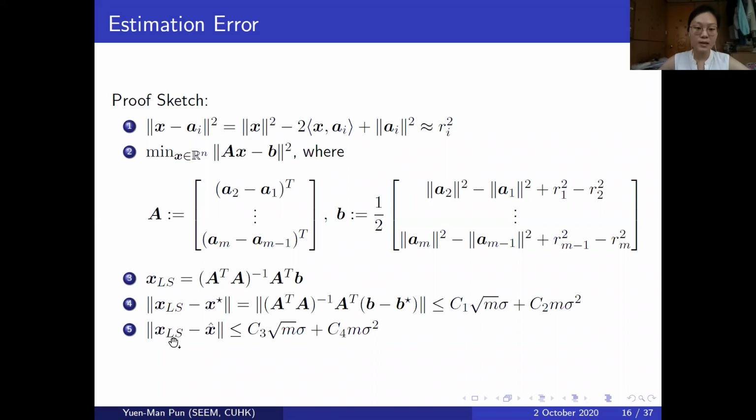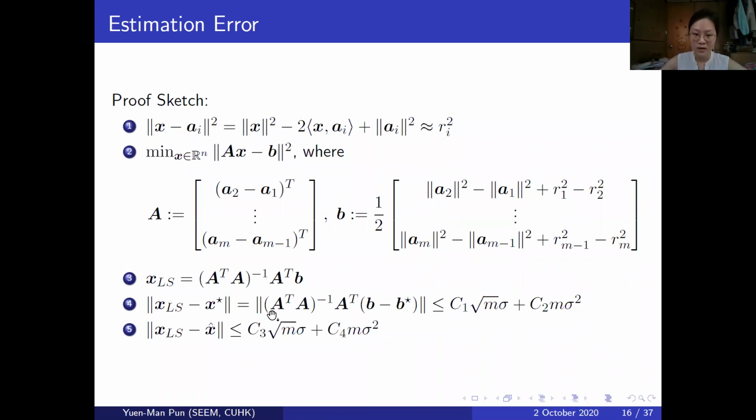Similarly, we can do the same for x hat. If we plug in x hat here, we have R_i hat, which is defined by the distance between the ML estimate and the ith anchor.